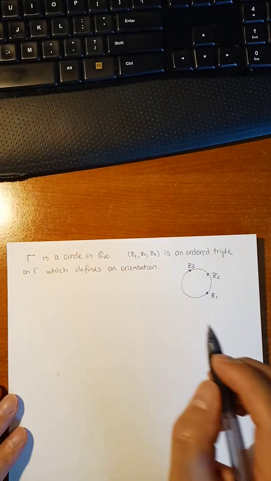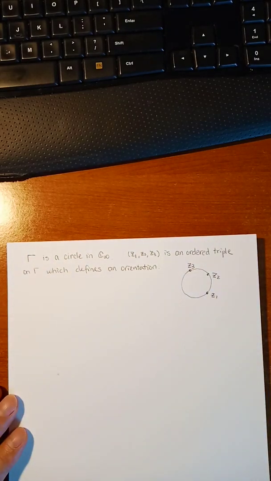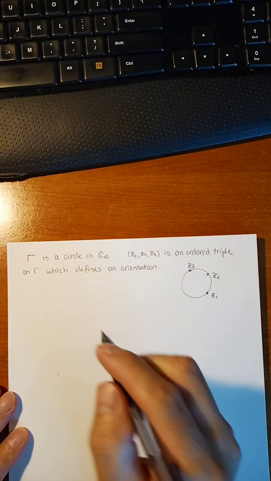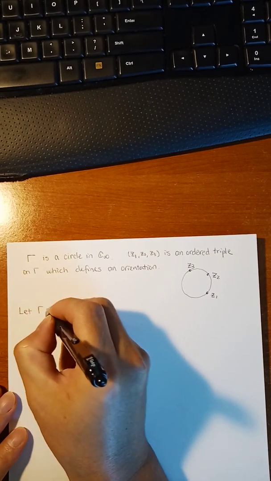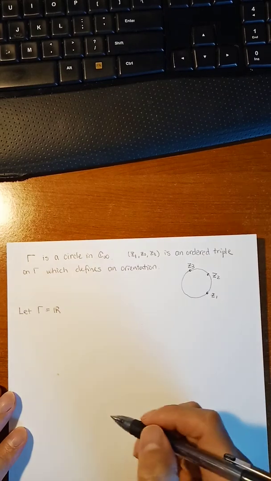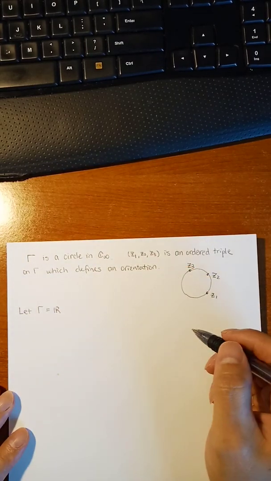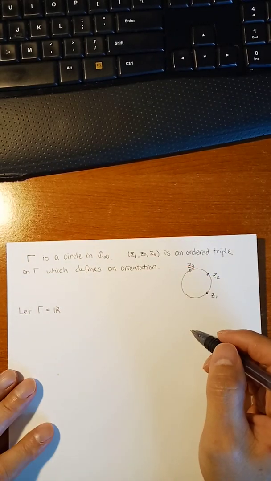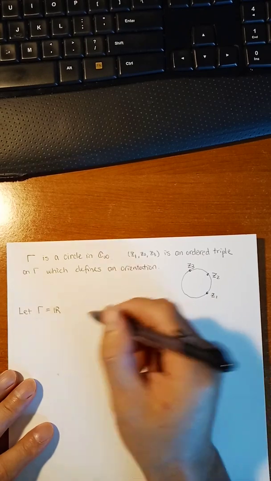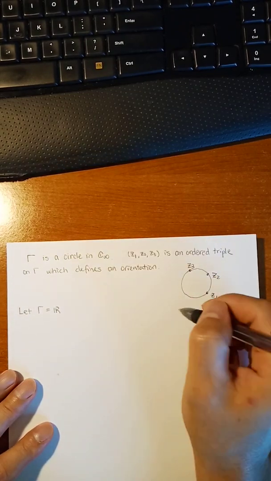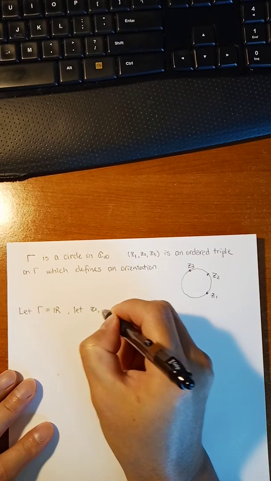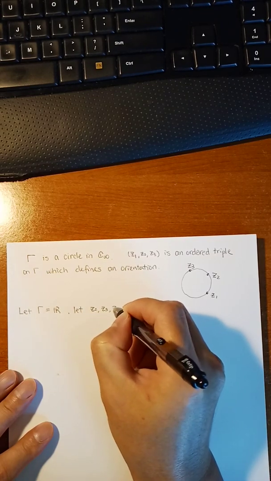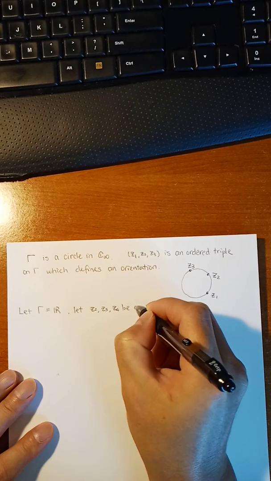For example, let gamma be the real line, but it's still a circle in C infinity. We choose 3 points to define an orientation. Let Z1, Z2, Z3 be on gamma.